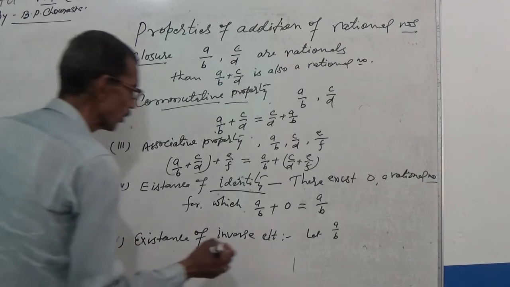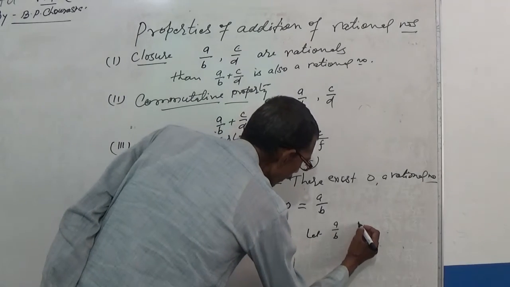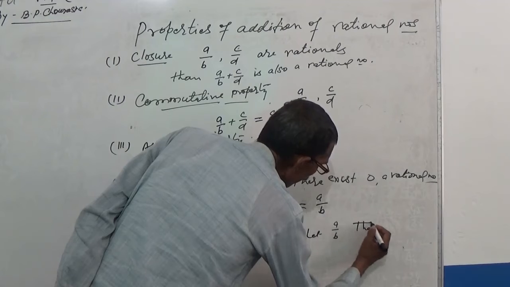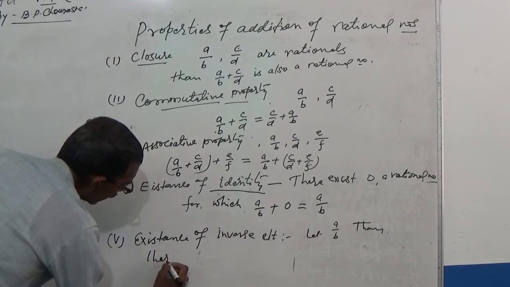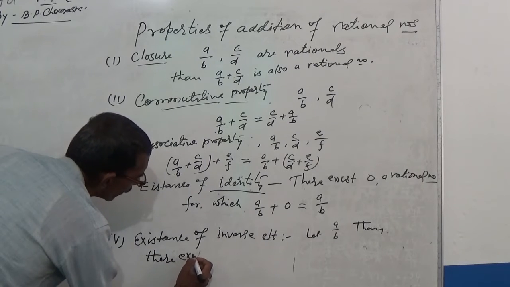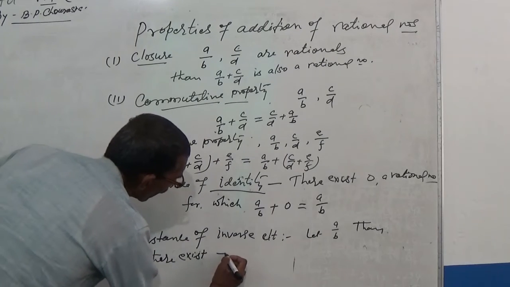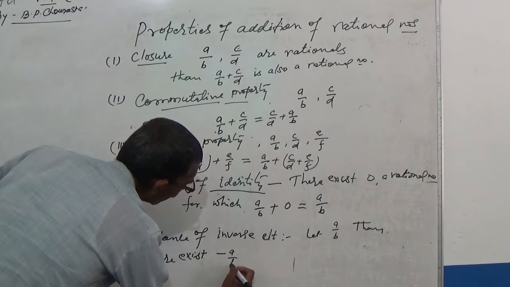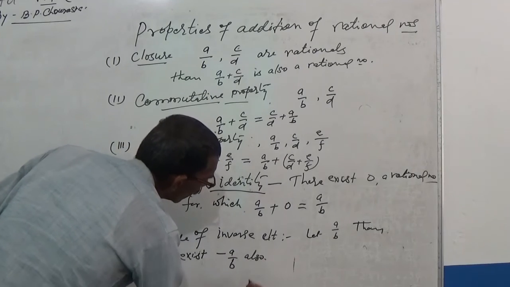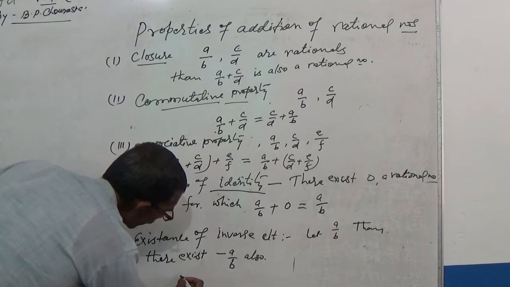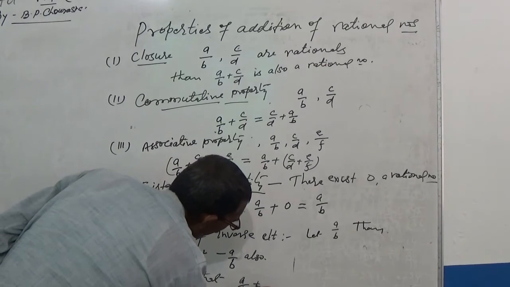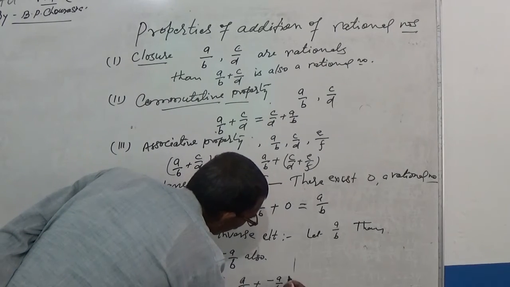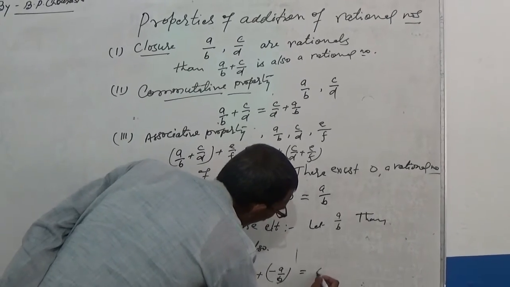So if A by B is a rational number, then there exists minus A by B also, such that A by B plus minus A by B is equal to 0.